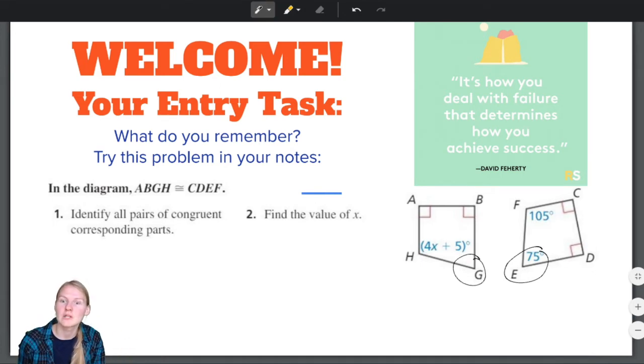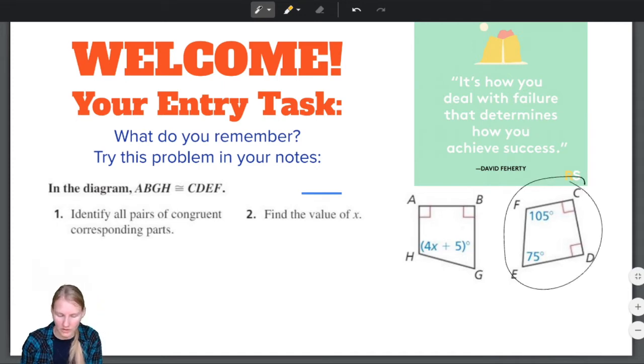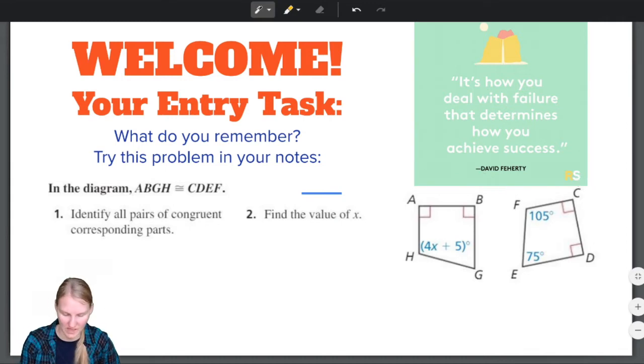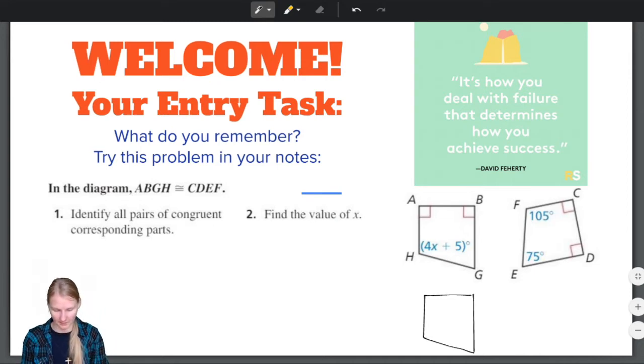G and E must go together. Maybe you can see that just by looking at the diagram. I want a little bit more. I want to redraw quadrilateral CDEF so that it looks exactly like ABHG. I want a shape that looks exactly like it.